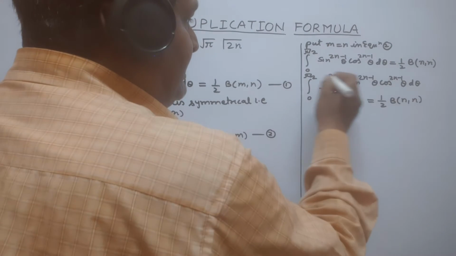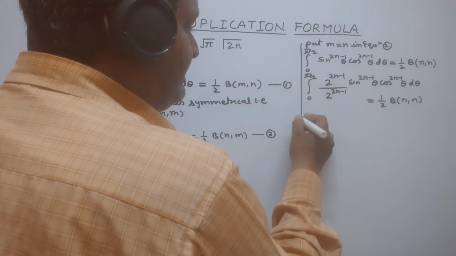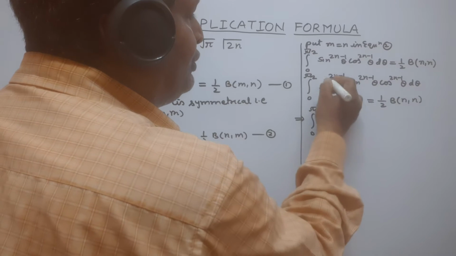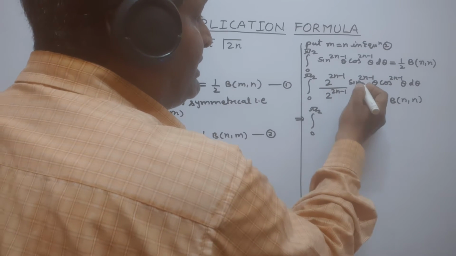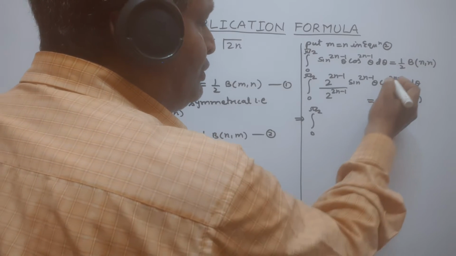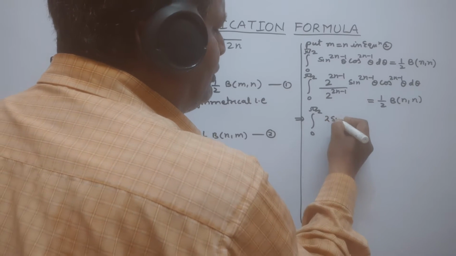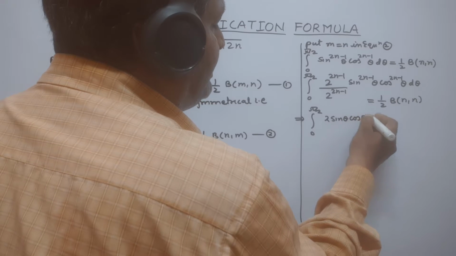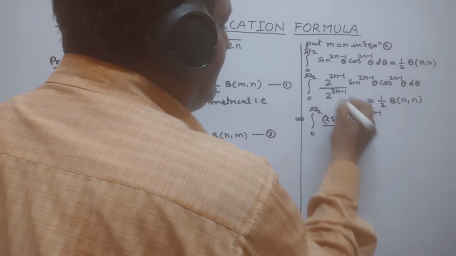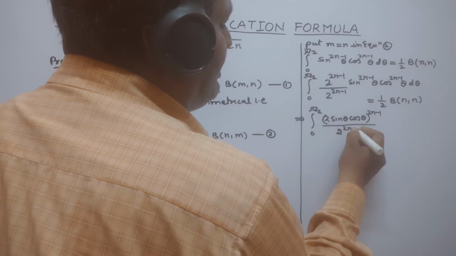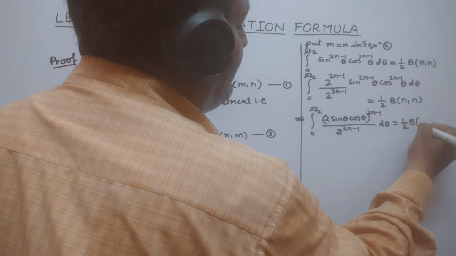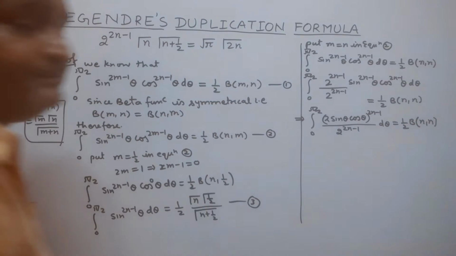Now we can see that in the numerator, this 2 to the power 2n minus 1, sin theta to the power 2n minus 1 and cos theta to the power 2n minus 1, can be written as 2 sin theta cos theta whole power 2n minus 1, divided by 2 to the power 2n minus 1, d theta, and on the right hand side this is 1/2 beta n n.